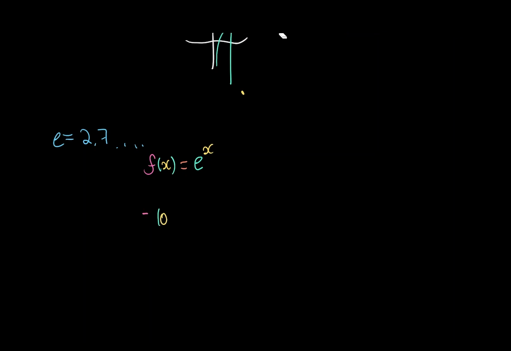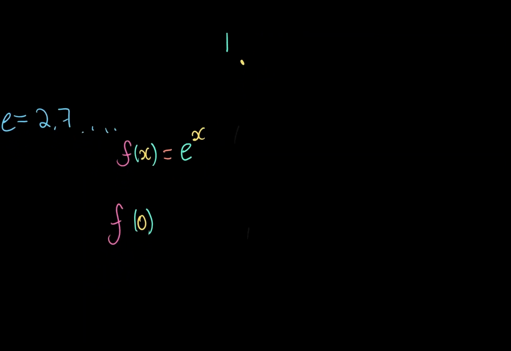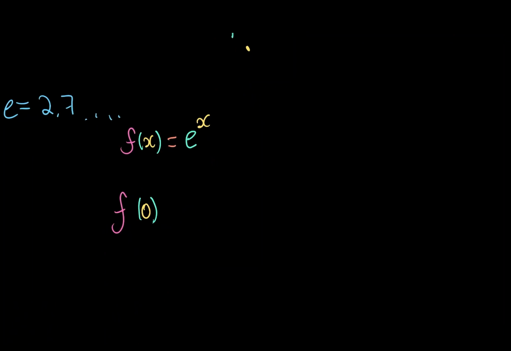Actually, it would be the 0th derivative because we start with the 0th derivative. F of 0, right? So we just plug in x with 0. E to the power of 0 is equal to 1. So this should be equal to 1. Okay?